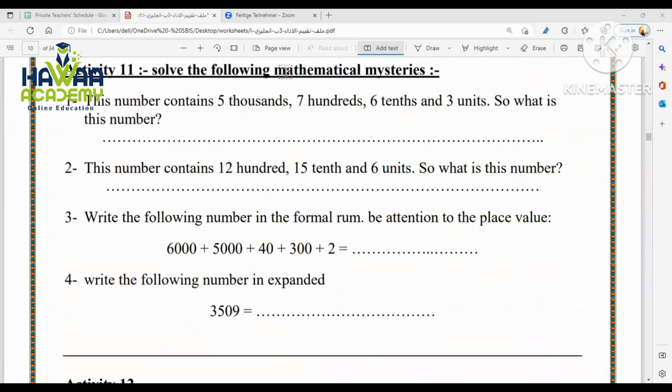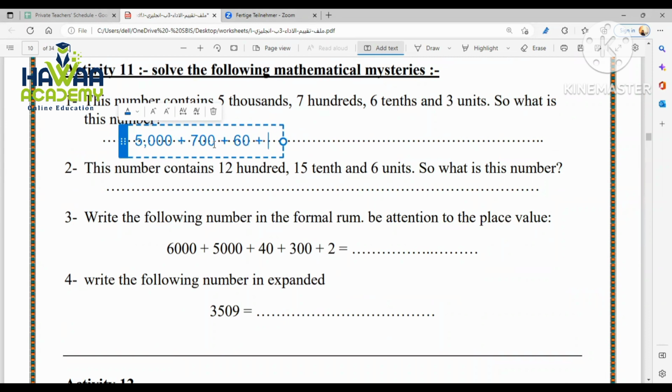Solve the following mathematical mysteries. Oh, nice. So I have here a number that contains 5 thousandths and 7 hundredths, 6 tenths, and 3 units.